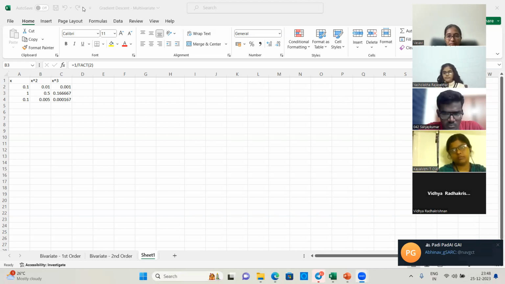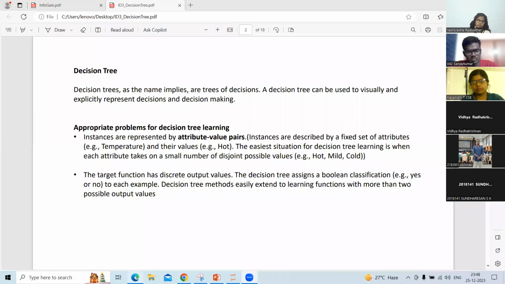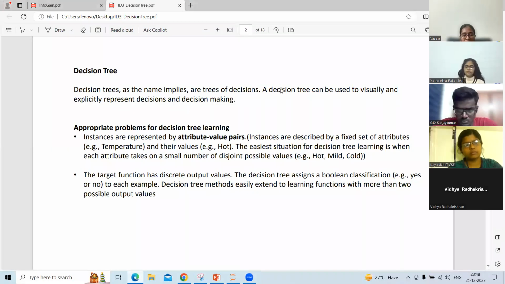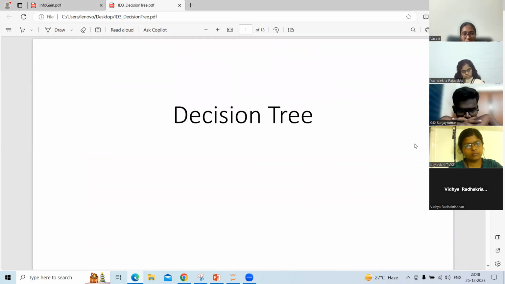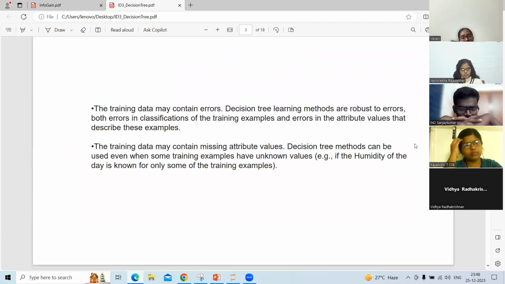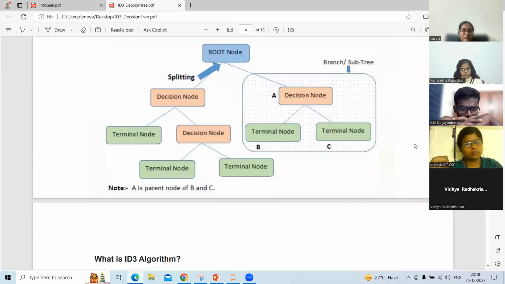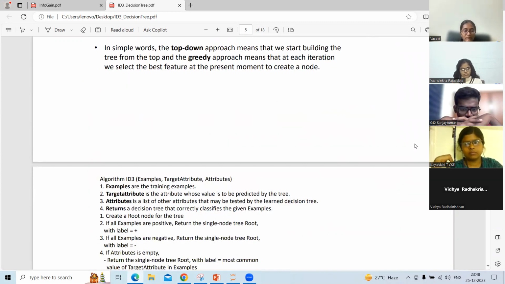You can share your screen. I'll stop sharing. Just the first few slides that you have, that's sufficient. Let's not get into algorithms. Let's just go briefly. Now, can you show us one decision tree as an example so that people can just open one decision tree that you have? No, side by side.